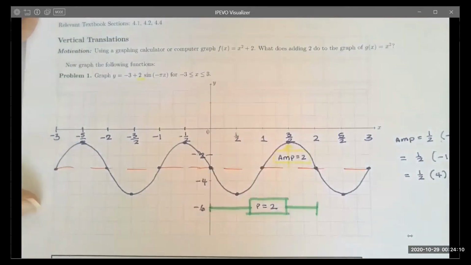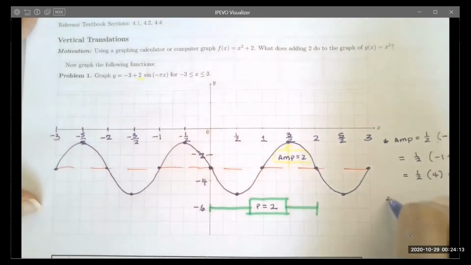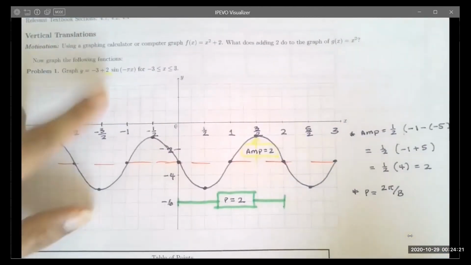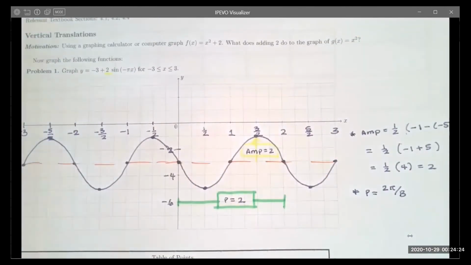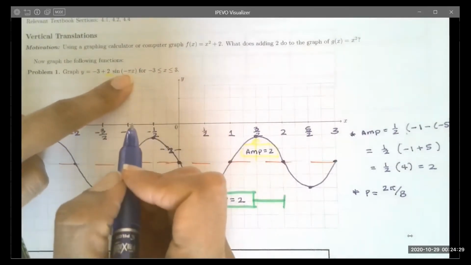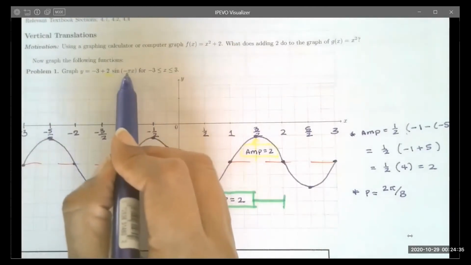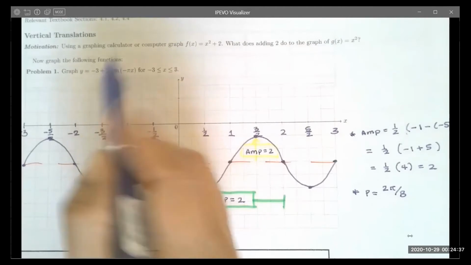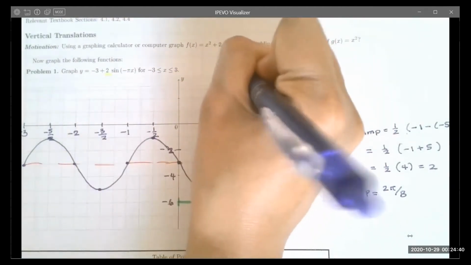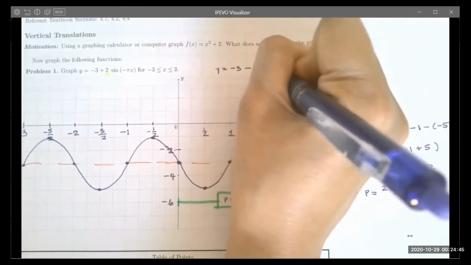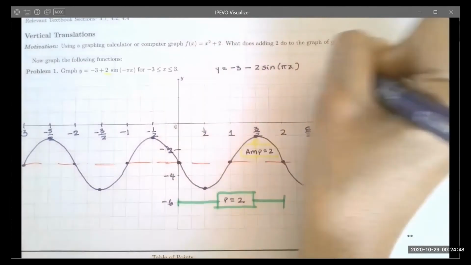Okay, again, that doesn't surprise us too much because if we were to calculate the period by using the 2π over b formula, b in this case is the π. Remember, when we have a negative π inside, or a negative whatever constant it may be, as long as we have a negative coefficient inside of sine, we always bring it out because sine is an odd function. So this is actually equivalent to negative 3 minus 2 times sine of πx.